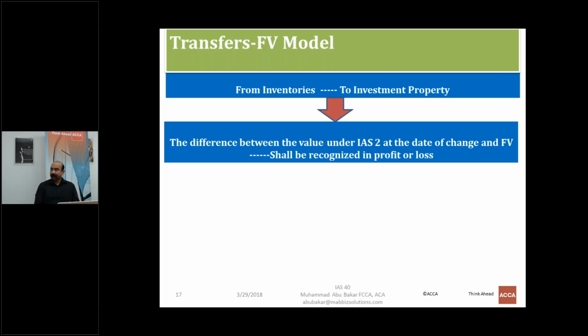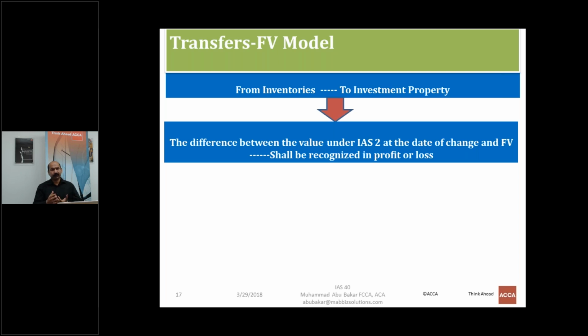See, inventory has got some value on the date when there was a change in use. And at that point in time, you determined its fair value. The difference between these two amounts will be recognized in the profit and loss. For example, you have a building which was being constructed for sale, and now the building is complete, some time has passed.